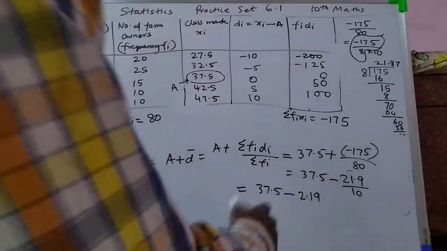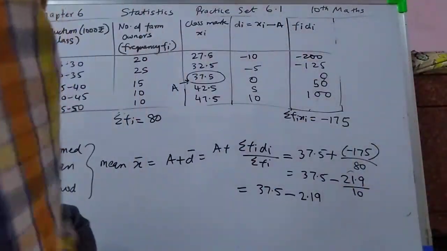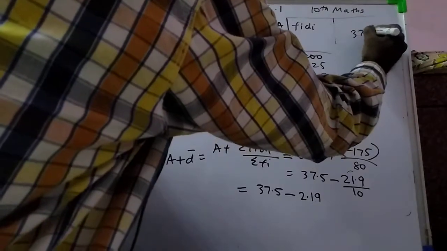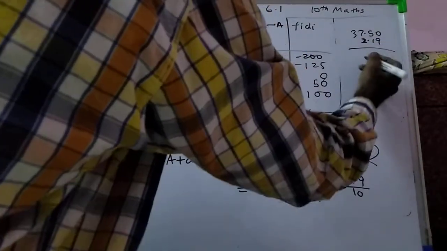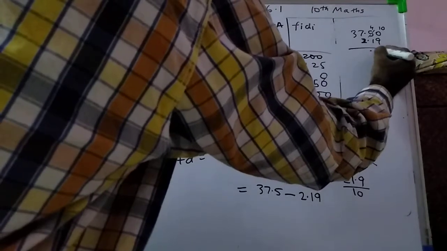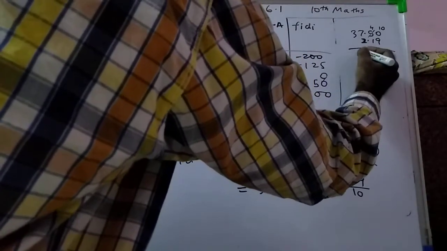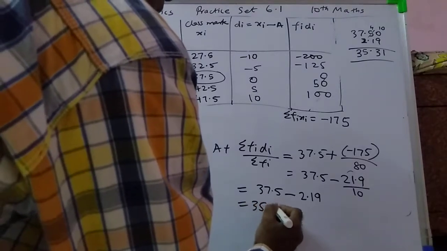You have to calculate that: 37.5 minus 2.19 will become 35.31.